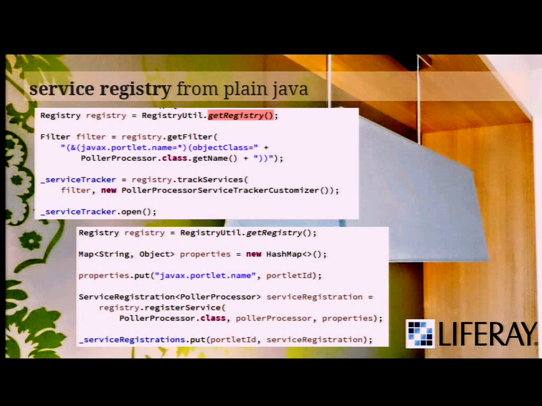We added a small wrapper to be able to create service tracker customizers, so you can customize the behavior of how the tracking happens. The first one is creating a service tracker, and you can see here that I'm looking for all the services of type polar processor with the property javax.portlet.name, whatever, it has to have that property.